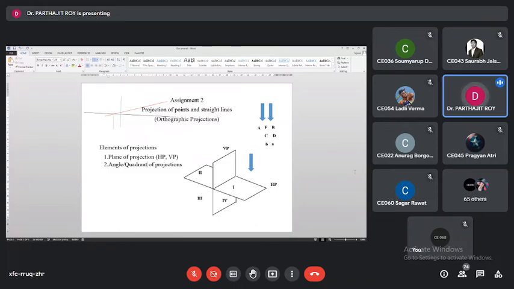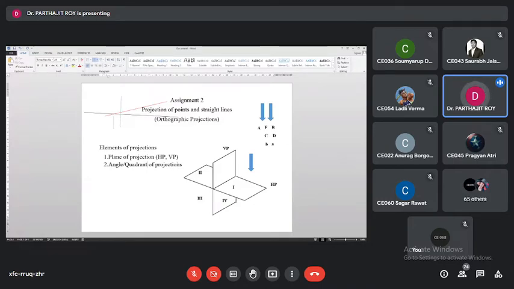So in any planes of projections, we have 4 quadrants, 1, 2, 3 and 4. And the characteristic of the first quadrant is the object will be lying above the horizontal plane and in front of the vertical plane. For the second angle, as I said, above the horizontal plane, behind the vertical plane.